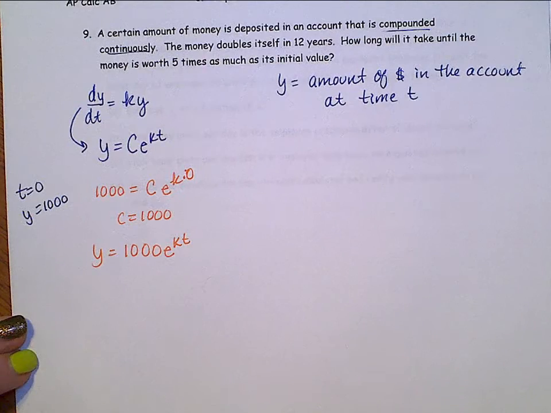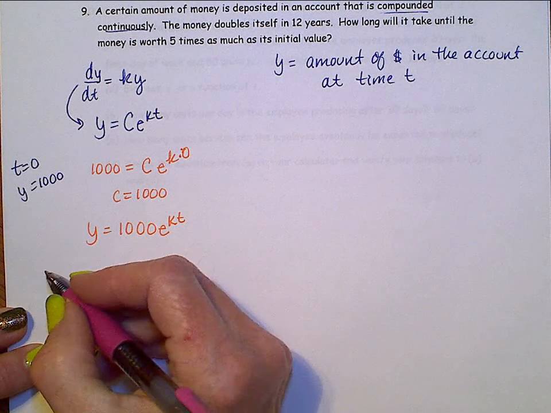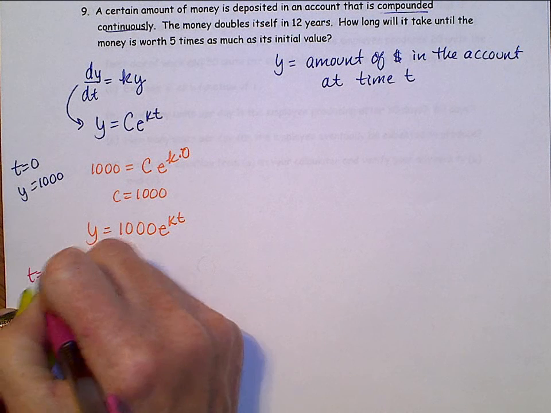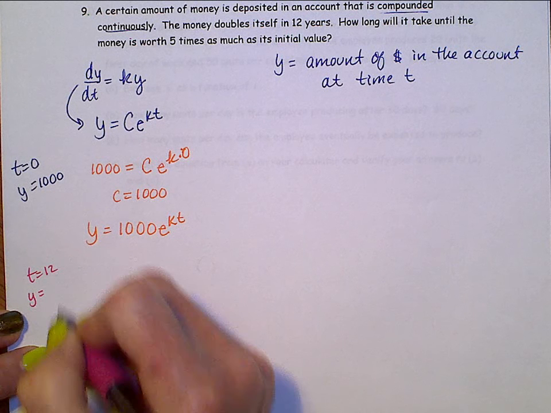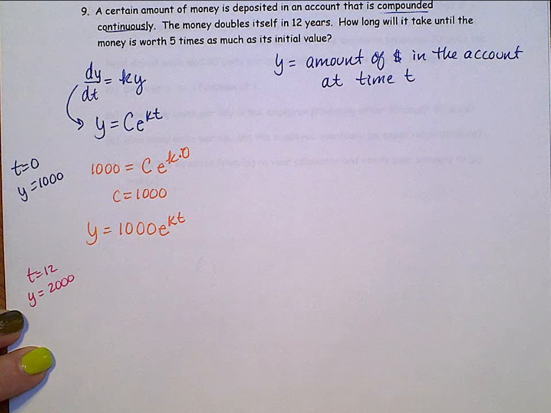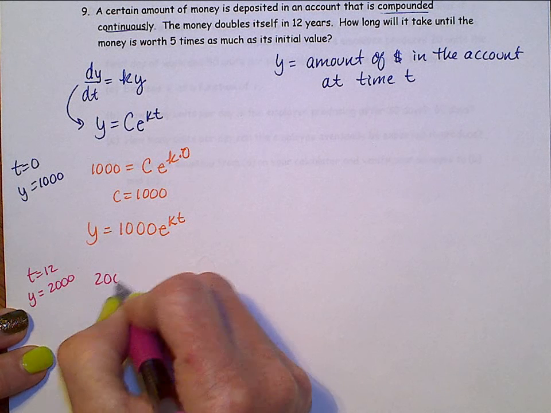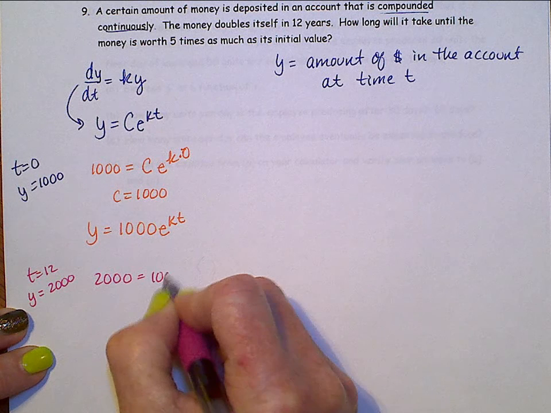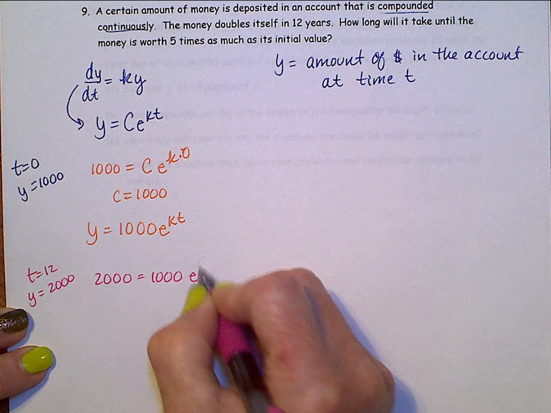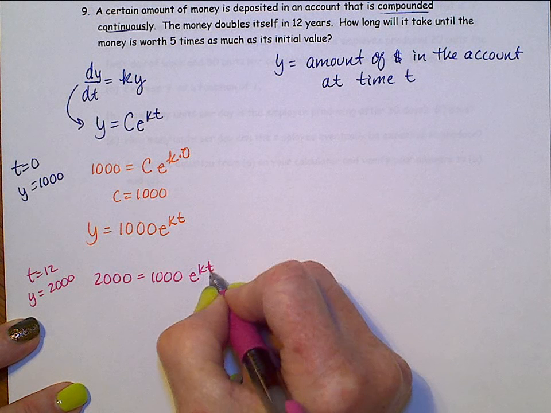And another piece of information is that the money doubles itself in 12 years. So at time 12, we put $1,000 in initially, which means we have $2,000 at 12 years. So if we fill that in, we'll have 2,000 equals 1,000 e to the k times, oops, not t here, but 12.